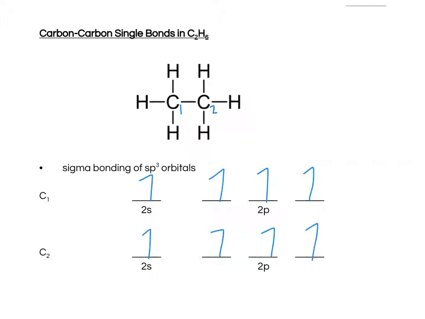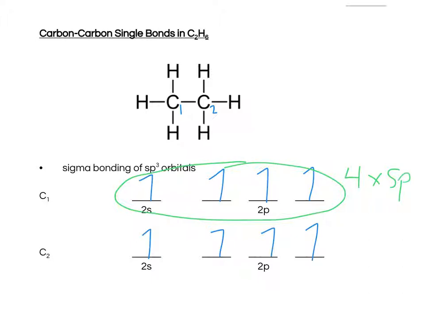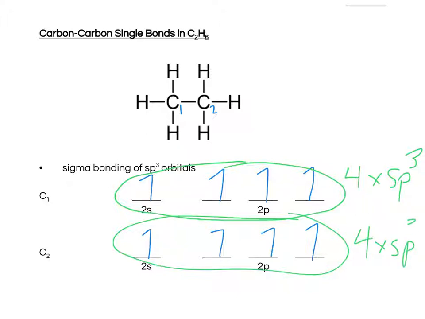But then I'm going to remember that I need 4 equal bond lengths around each carbon. And so I'm going to see some hybridization happen here. Right here, all of those 4 electrons would form 4 sp3, so 4 times sp3. And the same would be true down here, 4 times sp3 hybrid orbitals.